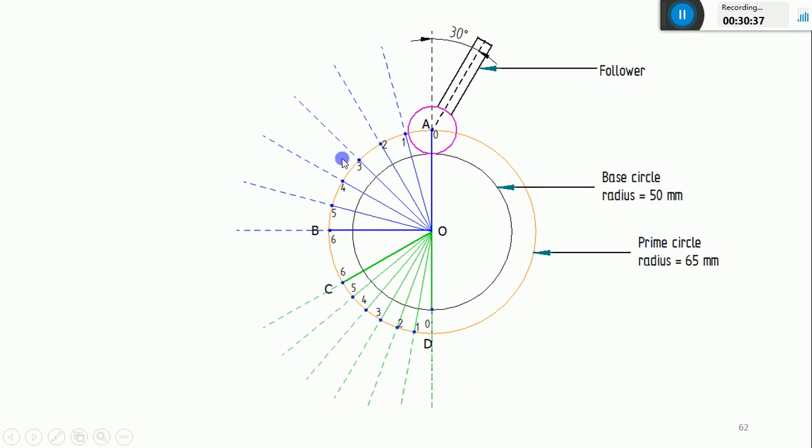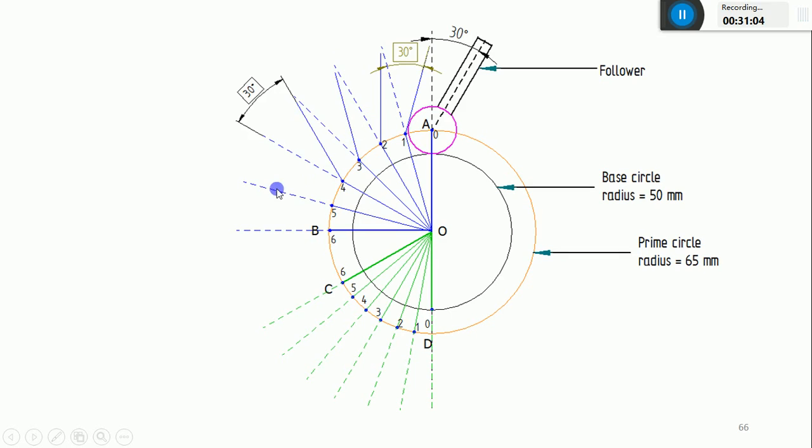In a similar manner, I'll shift this extended line, the dotted line, towards my right by 30 degrees using the protractor. So this angle has to be 30 degrees. Just keep the protractor here like this. Take this as a reference. Just indicate 30 degrees. Similarly, just shift this extended line, that is a dotted line, towards right by 30. This is also 30. This is also 30.